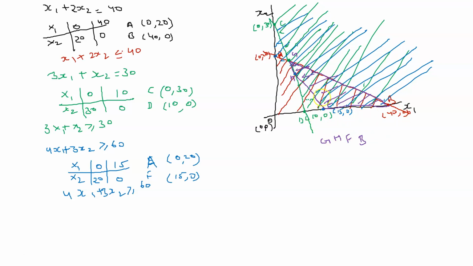But we don't know the coordinates of G and H. To find them, we need to solve the linear equations, that is, find the points of intersection of these lines. To find the coordinates of point G, we need to find the intersection of this red line and the green line.